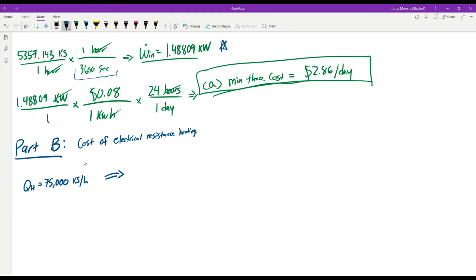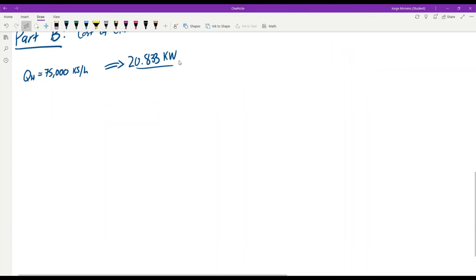So 75,000 kilojoules per hour times 1 hour over 3,600 seconds. We get 20.833 kilowatts.